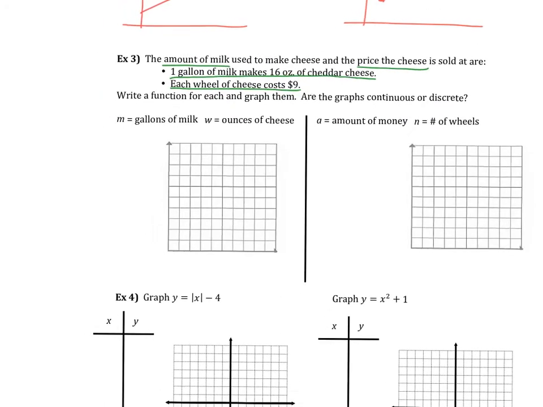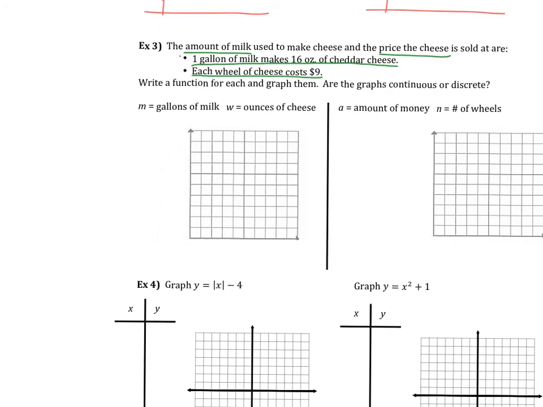So here's what we're going to do, okay? If we're going to write an equation for this first one, we're going to use M as our gallons of milk and W as our ounces of cheese. It says 1 gallon of milk makes 16 ounces of cheese. So can you figure out what that would look like?